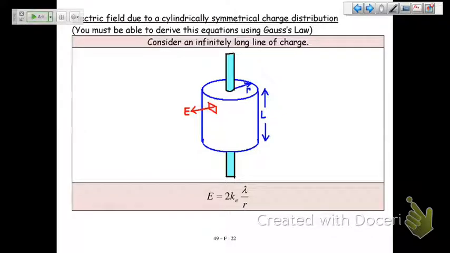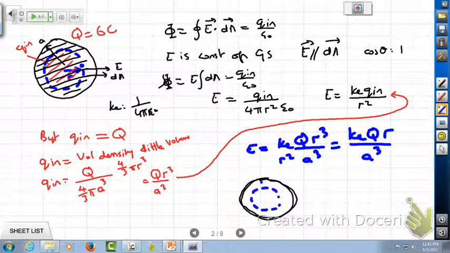Let me talk you through this one, just because I want to do one that's not symmetrical. So let's have a look at this.